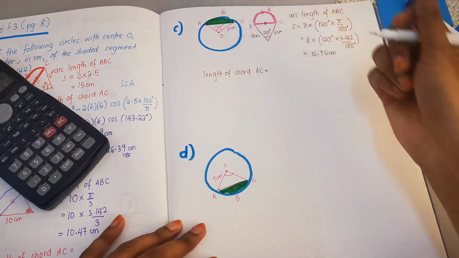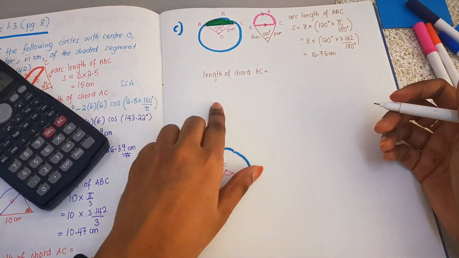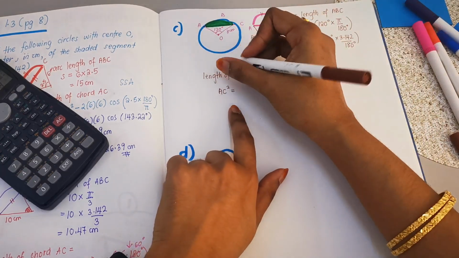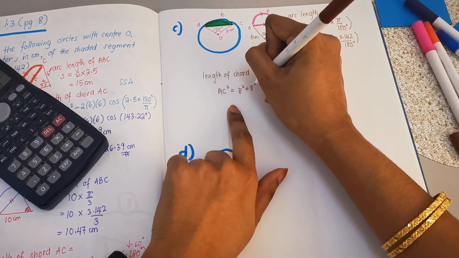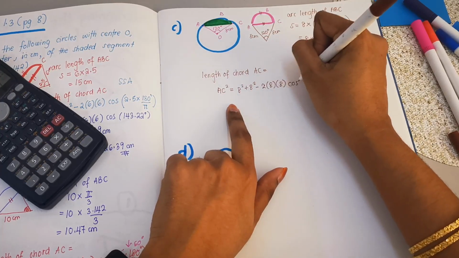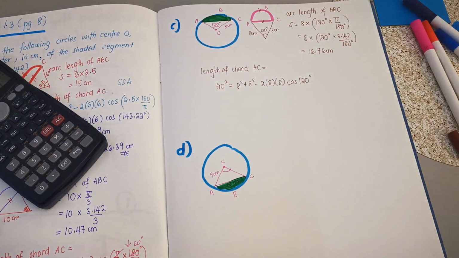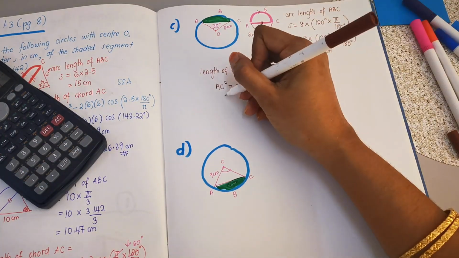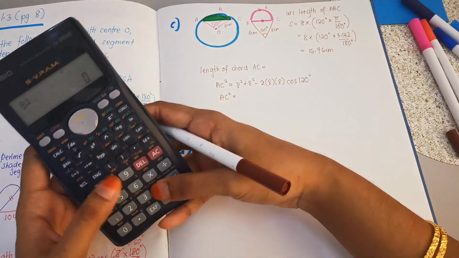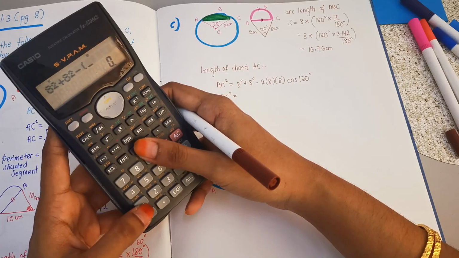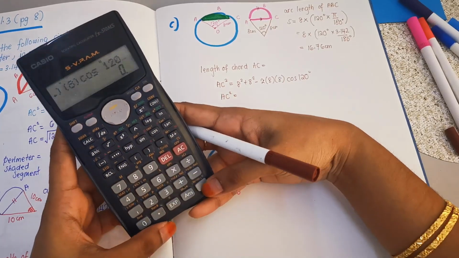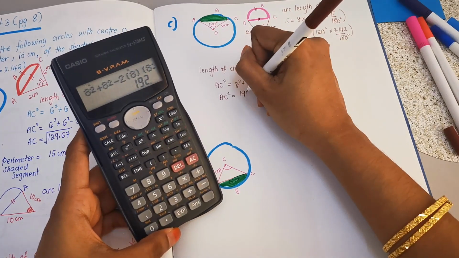It's a good thing that our angle is 120, because we can apply the cosine rule. So AC square equals 8 square plus 8 square minus 2 times 8 times 8 cos of 120. You don't have to change, it's very easy. So AC square, let's key in 8 square plus 8 square minus 2 times 8 times 8 cos of 120. So we get 192.